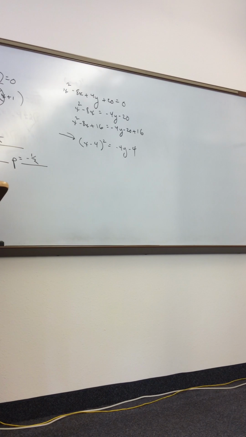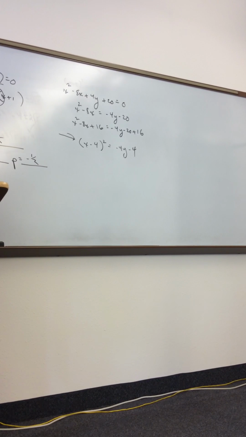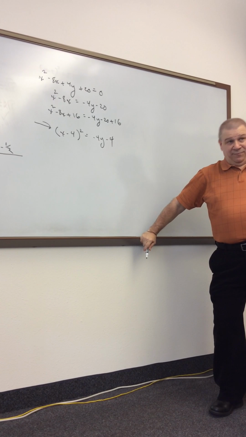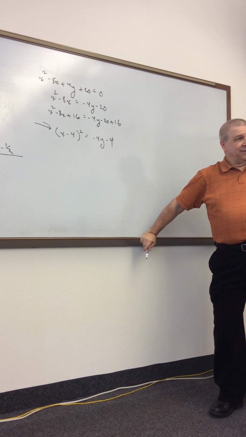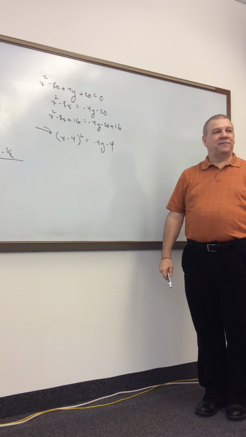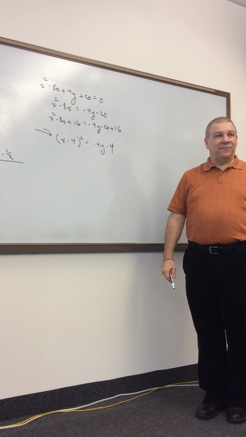Bring this down. Such a simple thing from 9th grade algebra. What do you think you're going to do to that 4x plus 12? Chris, factor out 4. Take out the 4.